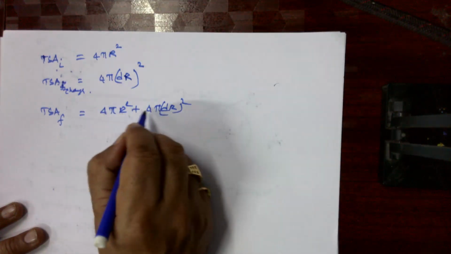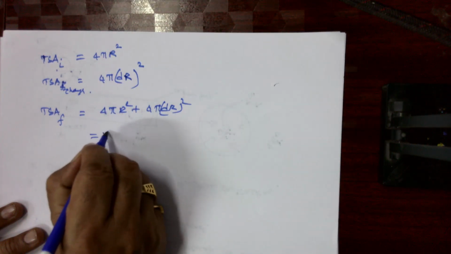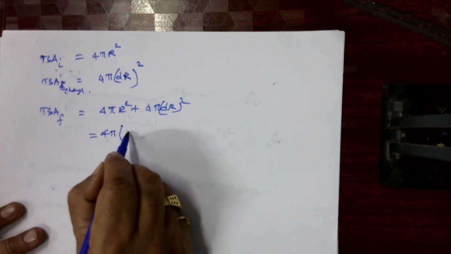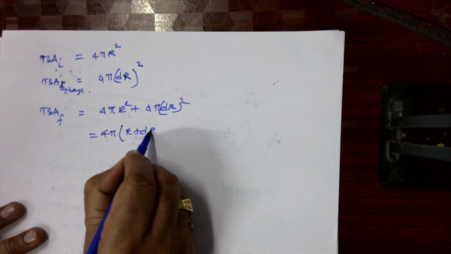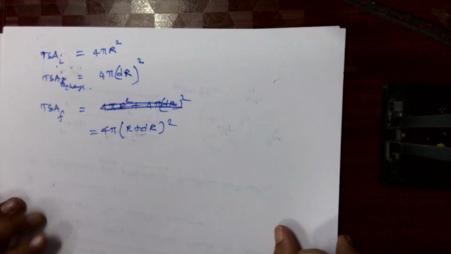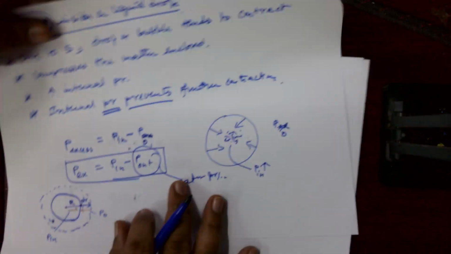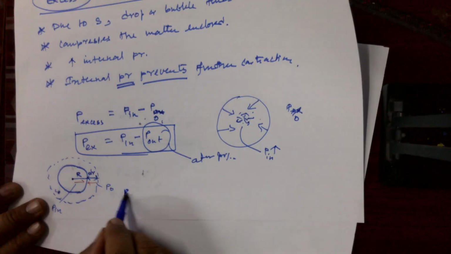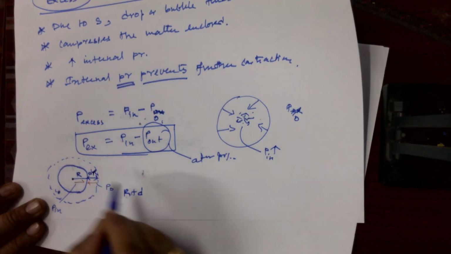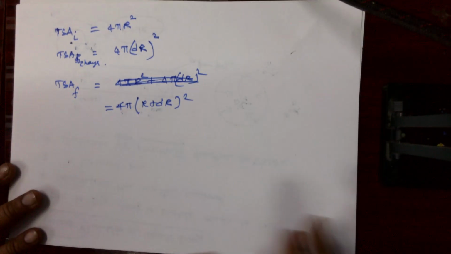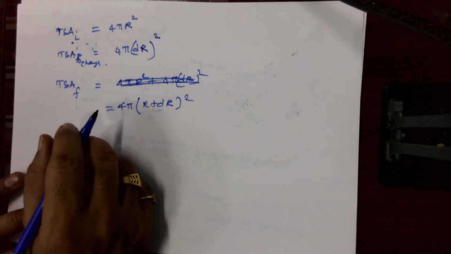This is the change, and I have to put 4 pi into r plus dr whole square. Why r plus dr? Because the external sphere is r plus dr, so the total is r plus dr, capital R. Do you understand? For this bigger sphere.